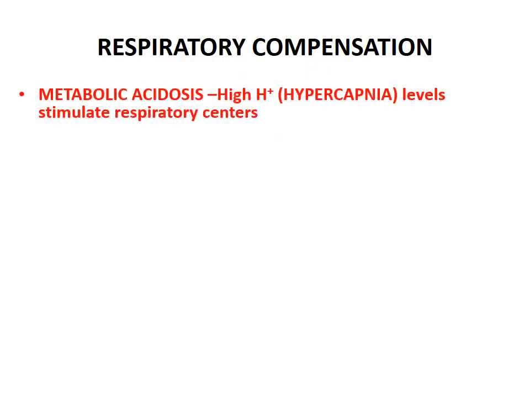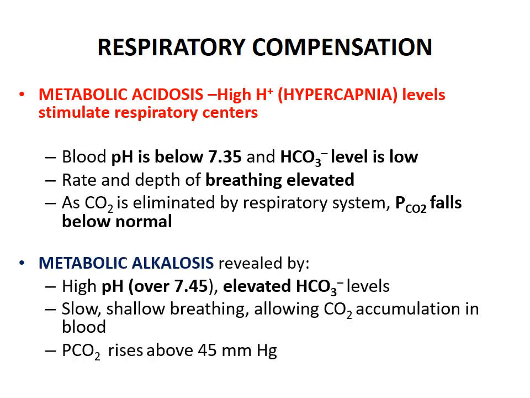Respiratory compensation. Metabolic acidosis: high H plus ion as a result of hypercapnia. Hypercapnia means too much carbon dioxide in the blood, which can give rise to an excess amount of H ions. This will stimulate the respiratory centers, and thereby it will increase the rate and depth of respiration.